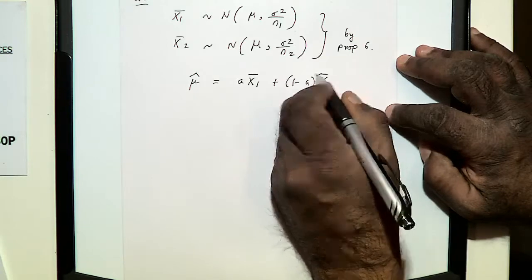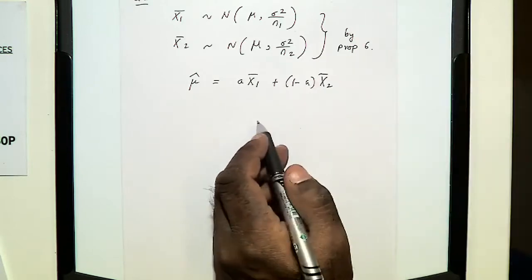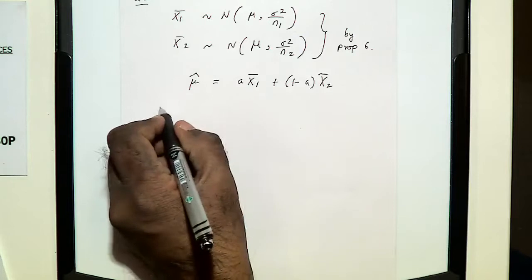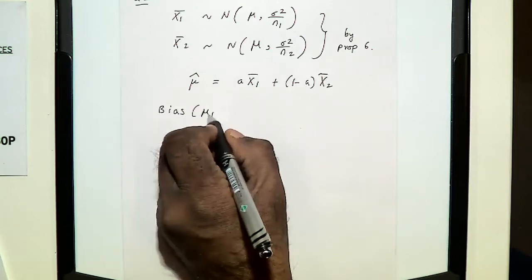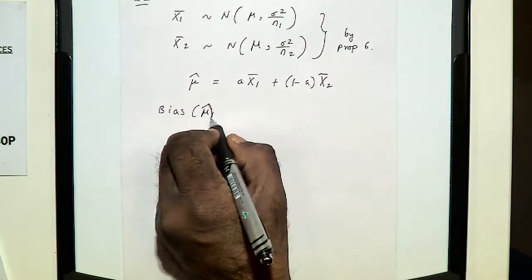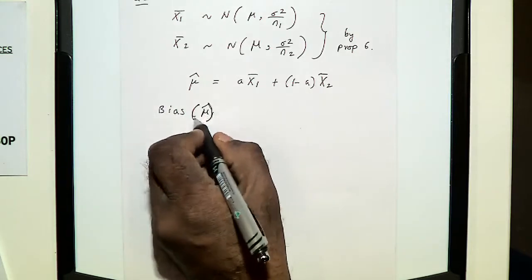All right. The first thing we want to show is that this is unbiased for mu, right? So what you need to do is to show that the bias of this estimator is 0, right?